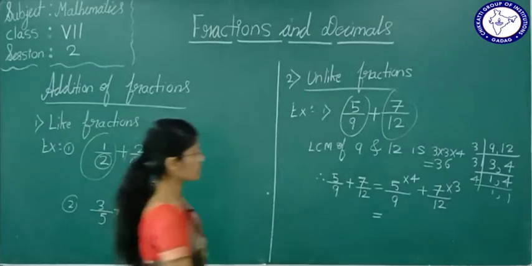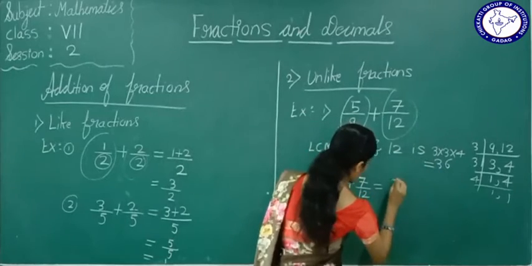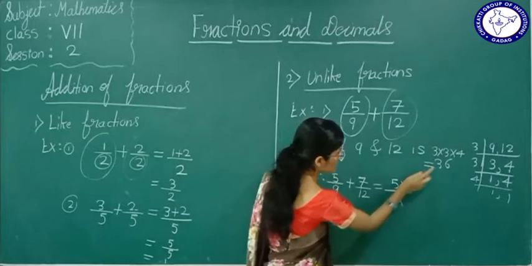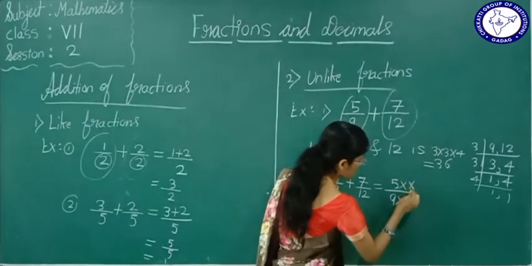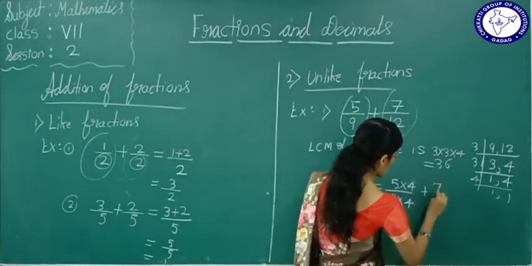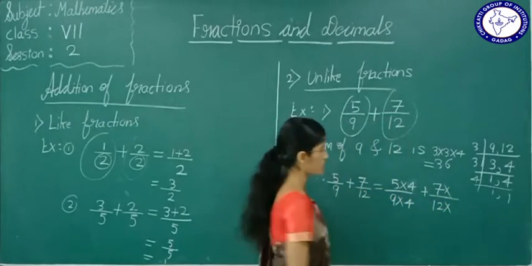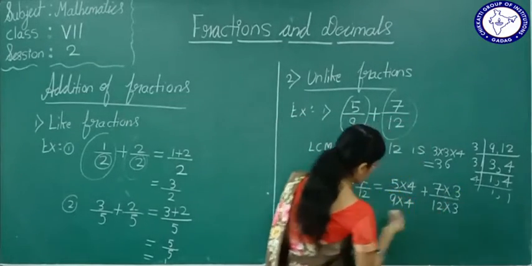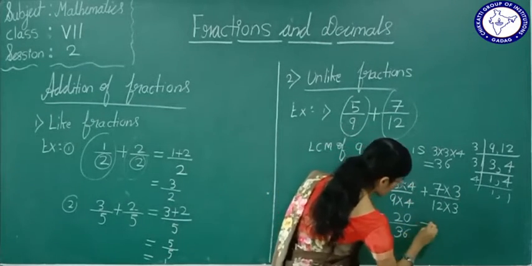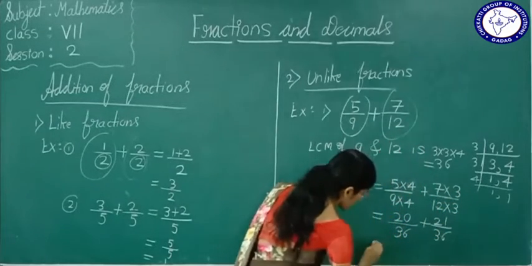If you get confused, I will multiply both sides and show you. 5 by 9: multiply both numerator and denominator by 4. Plus 7 by 12: multiply both by 3. 5 4s are 20, 9 4s are 36. Plus 7 3s are 21, 12 3s are 36.